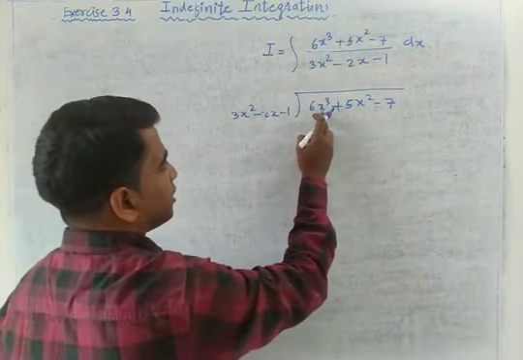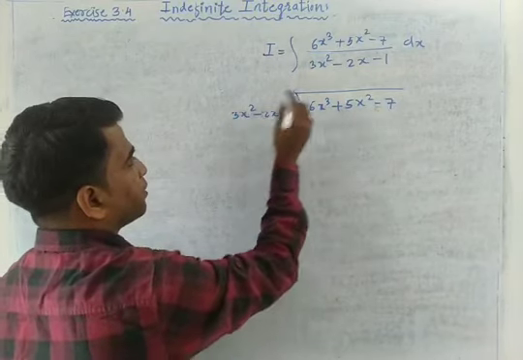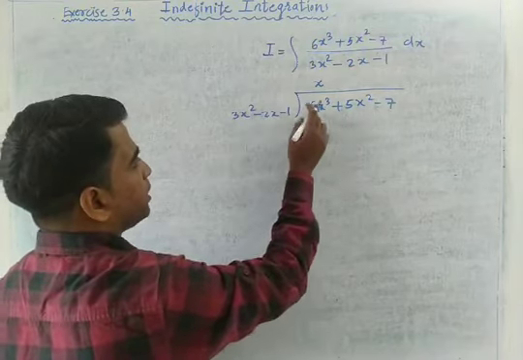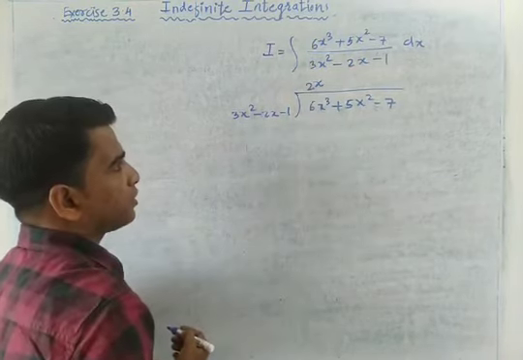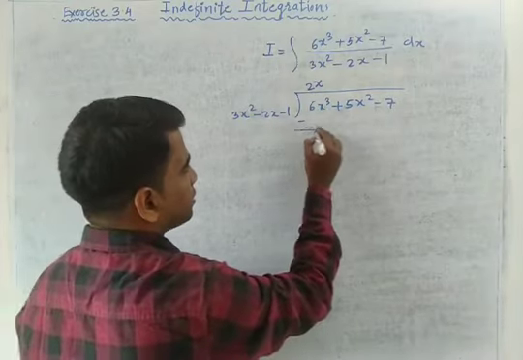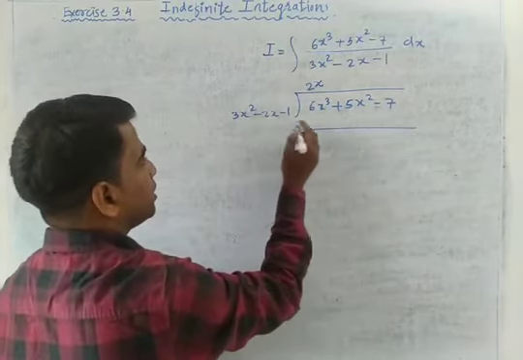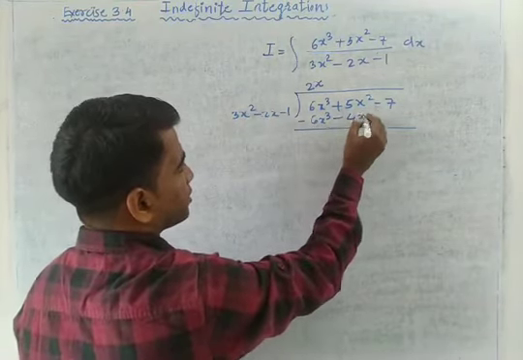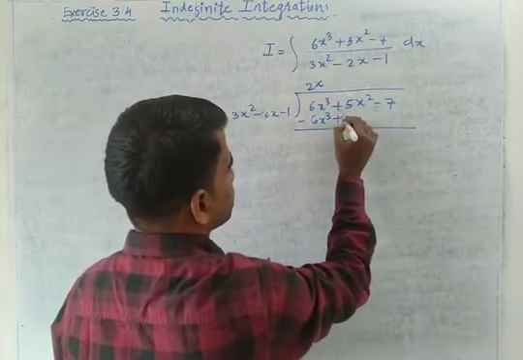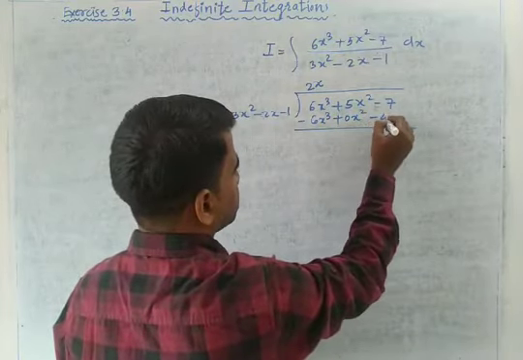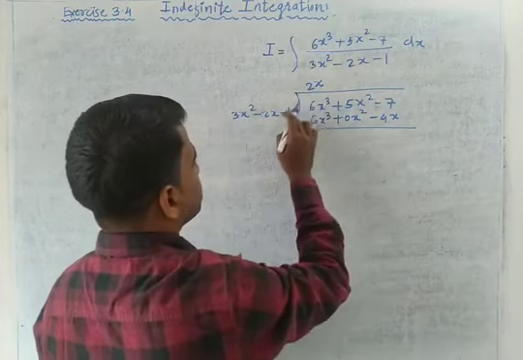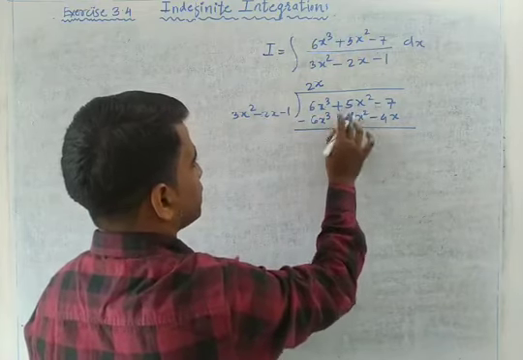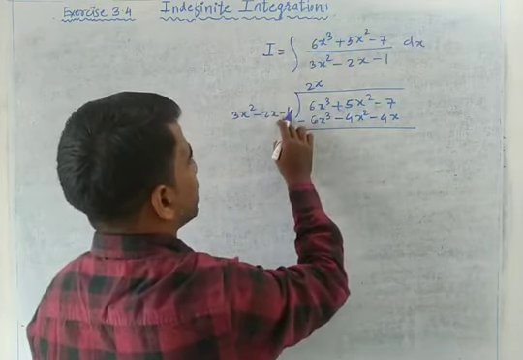For x cube in the numerator and x square in the denominator, we have to multiply x square with x. And for 6x cube, for 3x square you have to multiply with 2, so 2x is the value we take for multiplication. Minus: 2x into 3 is 6x cube, 2x into minus 2x is minus 4x square, and 2x into minus 1 is minus 2x.